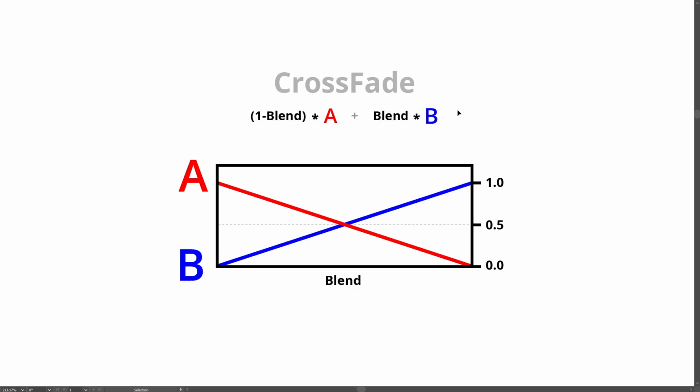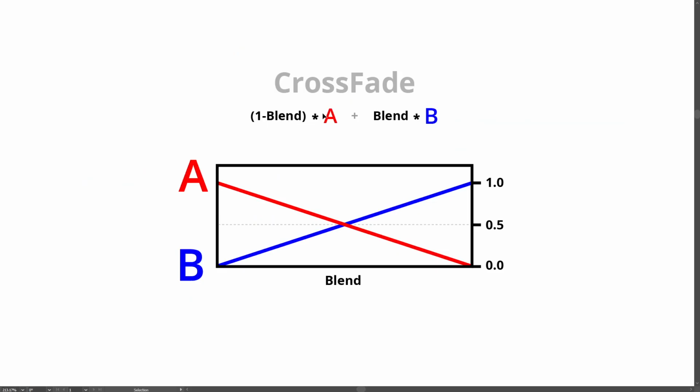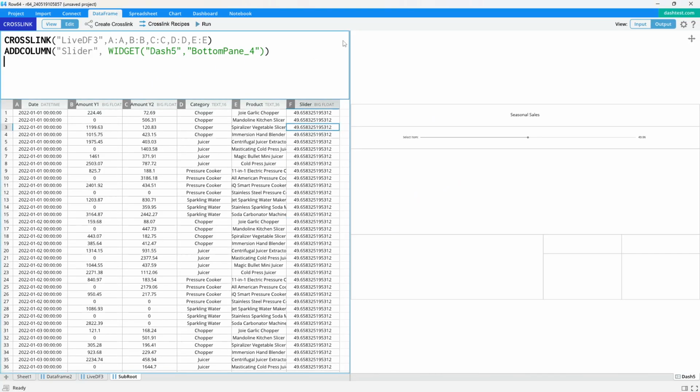Or you could use this for an A/B test, like you ran one sale promo and you ran another, and then you crossfade, maybe the best result, just to see which one would work the best, or something in between. Okay, so what we want to do is take A, 1 minus blend times A plus blend times B. So I'll write that down. I'll just put a comment in here. So it's 1 minus blend times A plus blend times B.